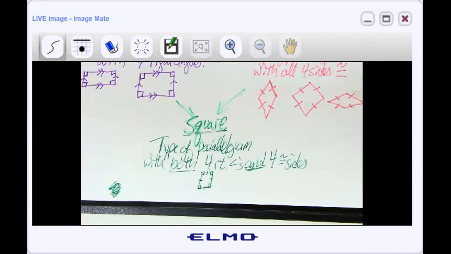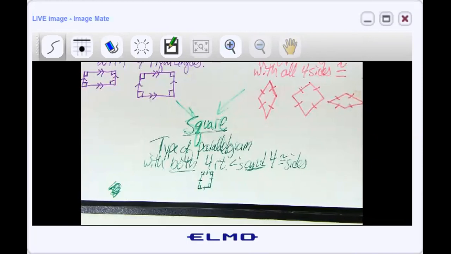Anybody know the plural of rhombus? Turns out you get to take your pick. You can either call it rhombuses or rhombi, with two i's at the end.